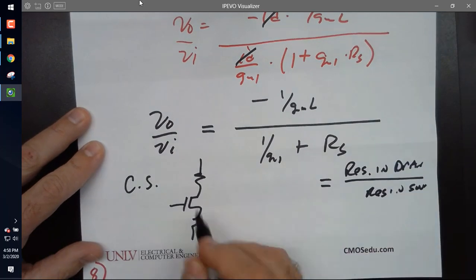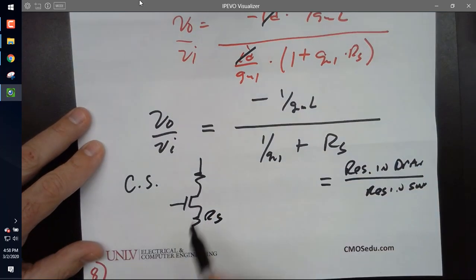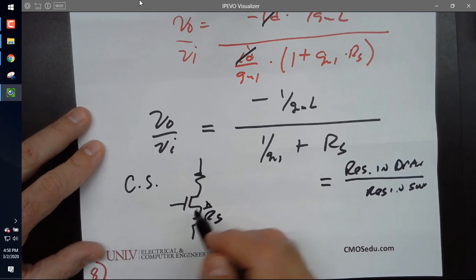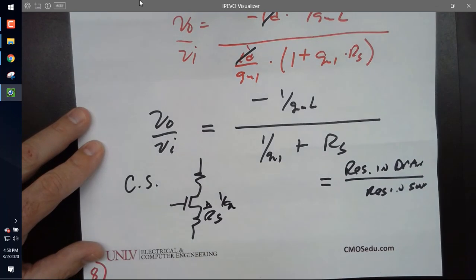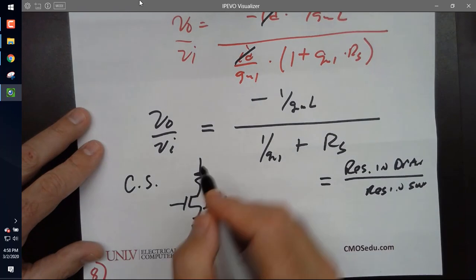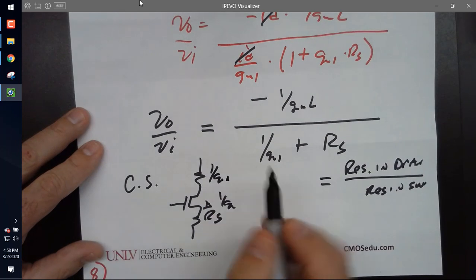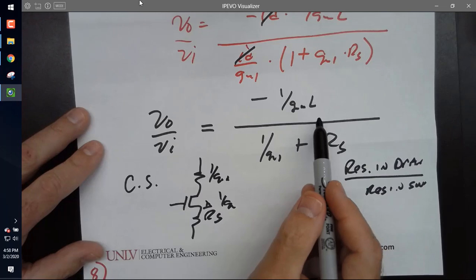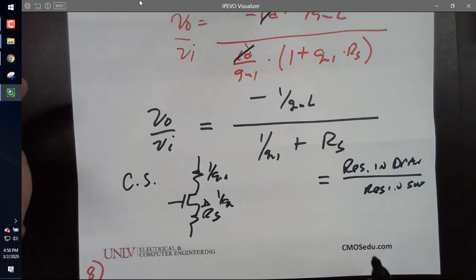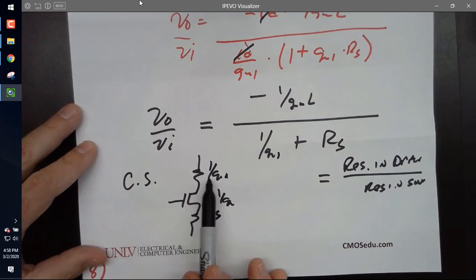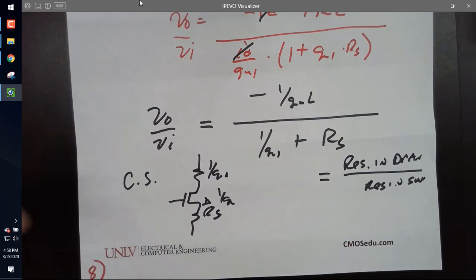In the source, the resistance is what I see looking into the source, which is 1 over GM plus RS. In the drain, here it was just 1 over GM, but I could add the output resistances. When I'm working in industry and want to calculate gains, I don't do math. I just look at the resistance in the drain and the resistance in the source and take the ratio, and I know something has high gain or low gain, and I can estimate what the gains are.